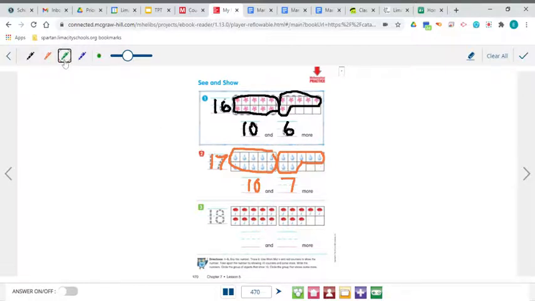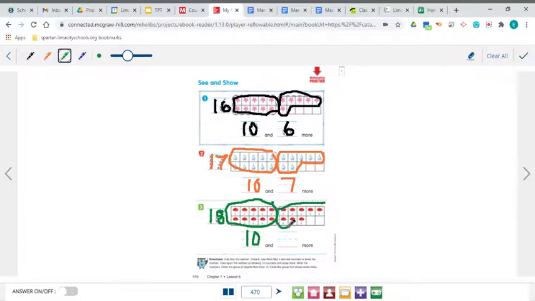Let's do the same thing here for this third example beside number 3. Go ahead and trace the number 18. Trace 18. Now, circle the 10. There's that full 10 frame. Circle it up. Write the number 10. And then go find the 8 extra ones and circle that.